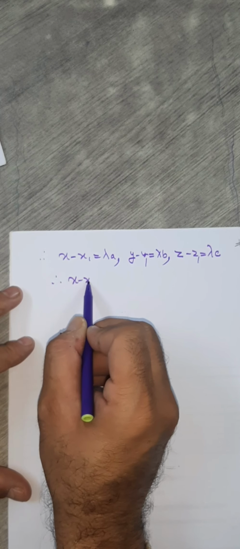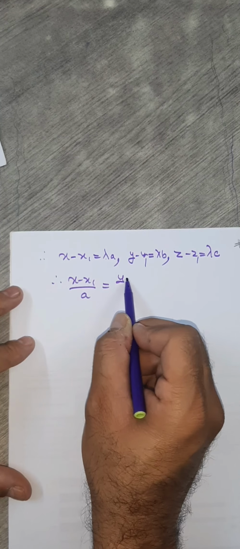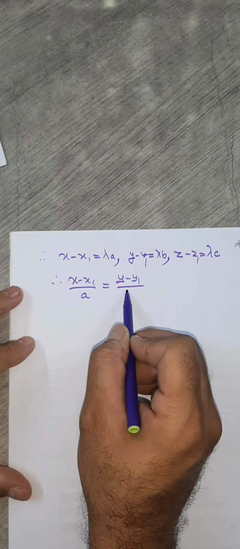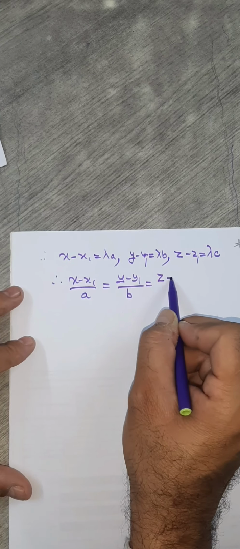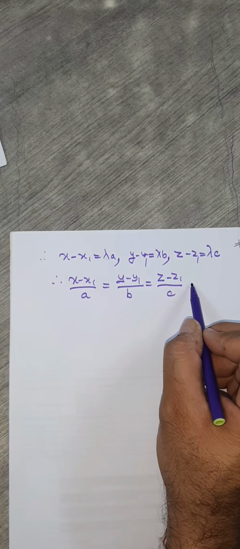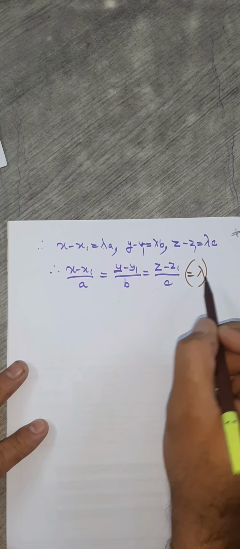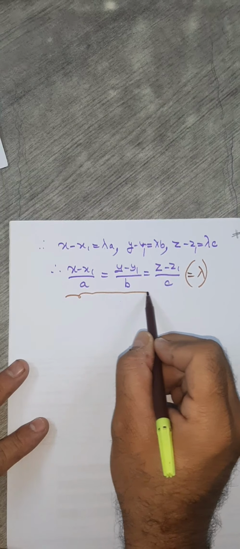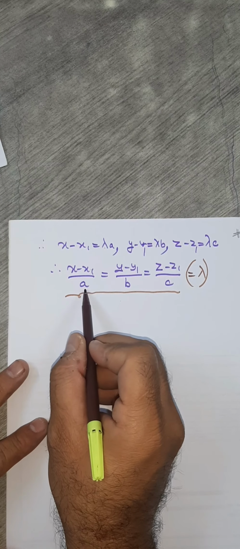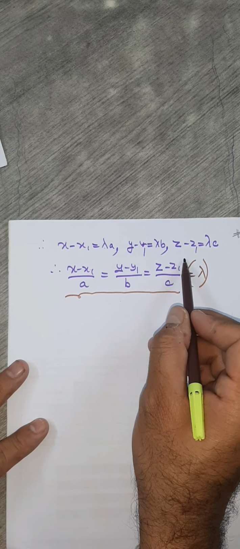So therefore x minus x1 by a equals lambda, y minus y1 by b equals lambda, z minus z1 by c equals lambda. You can write lambda here, but normally we never use this, we write this much only: x minus x1 by a equals y minus y1 by b equals z minus z1 by c.